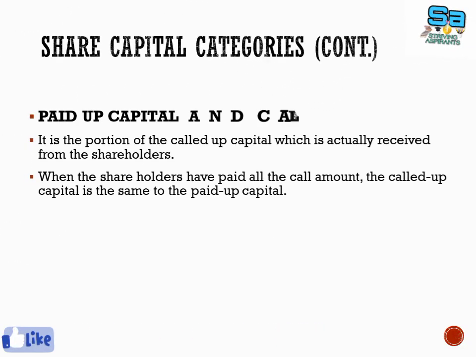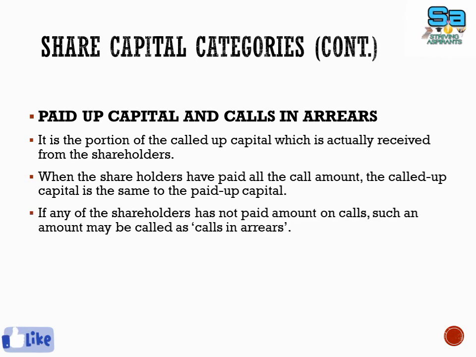Next one is paid up capital and calls in arrears. This is the portion of called up capital which is actually received by a company from the shareholders. When the shareholders have paid all the called amount, the called up capital is the same as the paid up capital.